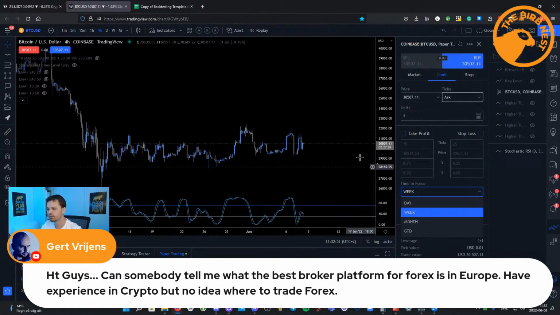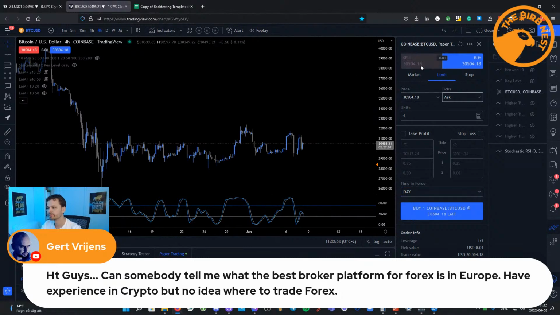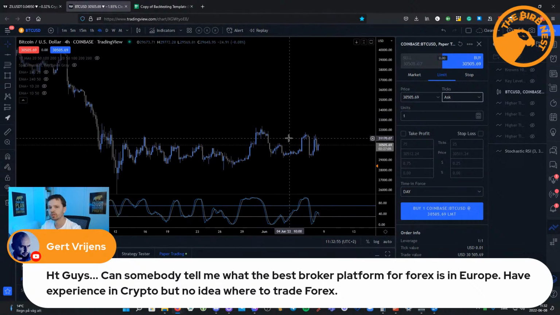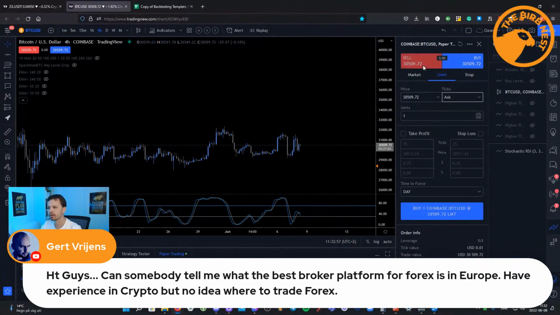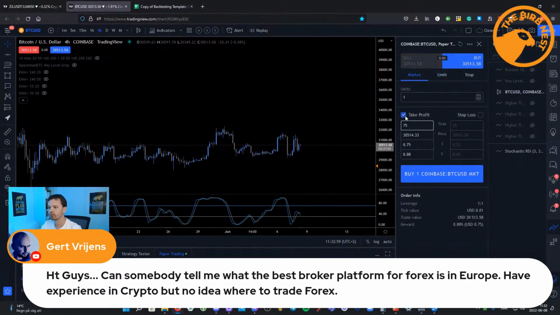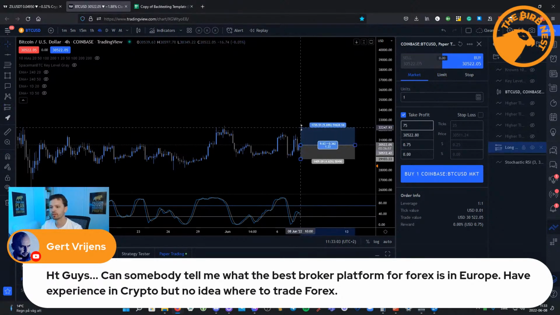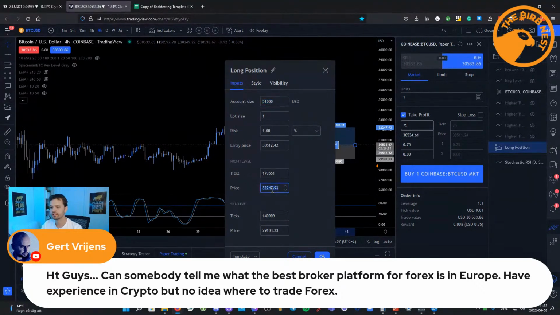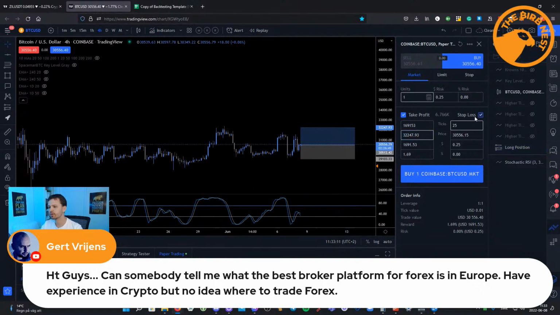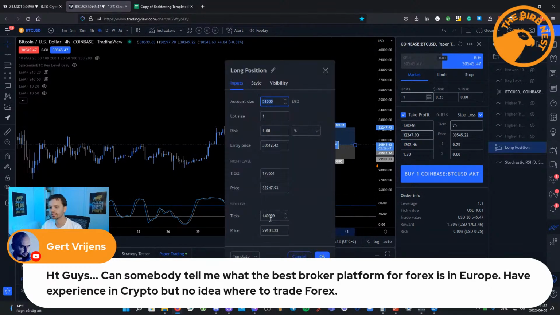So we want to take a trade on Bitcoin right here. So let's say we market buy right here, and we want to take profit up here and stop loss down here. So you can just easily put in your take profit and your stop loss.